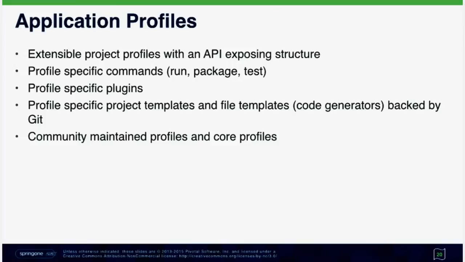Okay, so let's talk a little bit about application profiles then. Application profiles are essentially a way to generate a particular kind of application targeted at developing a particular kind of app. For example, the default profile is for developing traditional web applications, the Grails that you've always known and loved. But now we have a whole bunch of other profiles and potentially a growing list in the future for creating more targeted applications.